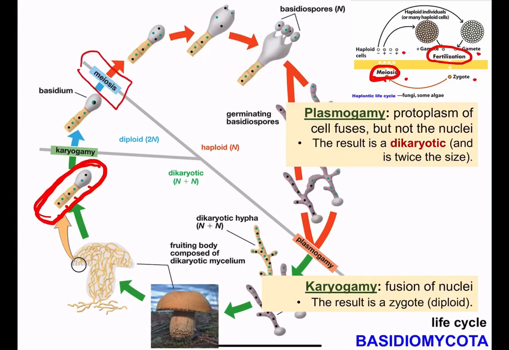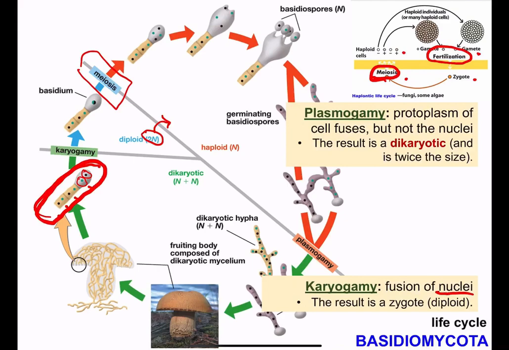It's when you've got a diploid cell that goes to haploid. But in order to get that diploid cell, the nuclei must fuse, right? So these 2 nuclei right here will fuse, and that's called karyogamy. Karyogamy is when nuclei fuse, and they result in a diploid cell, okay?